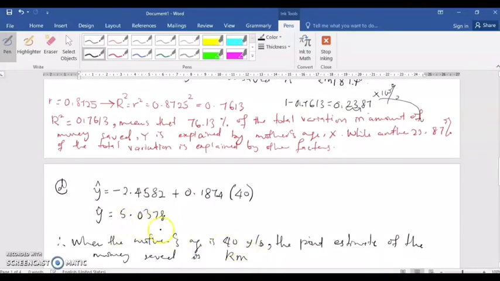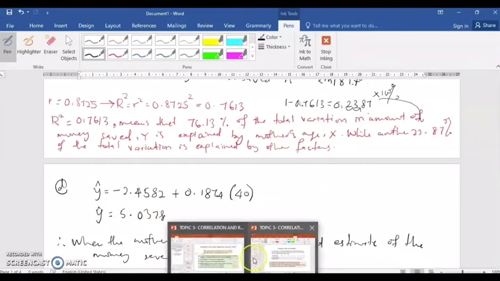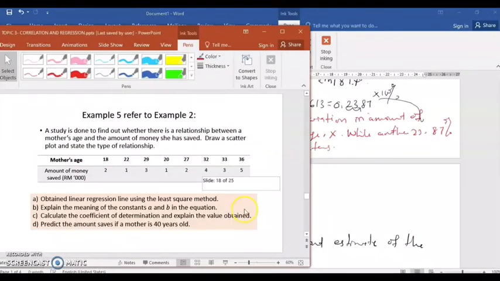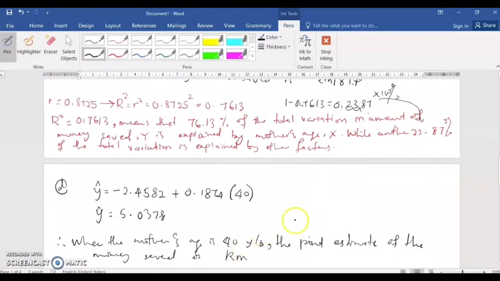This one is in terms of thousands, right? So in terms of thousands, let's see. Okay, the money saved in terms of thousands, like this one RM 0000. So that means you can just times with 1, 2, 3. So the amount of money that needs to be saved is 5037 ringgit and 18 cents.